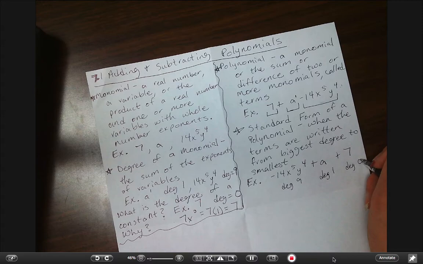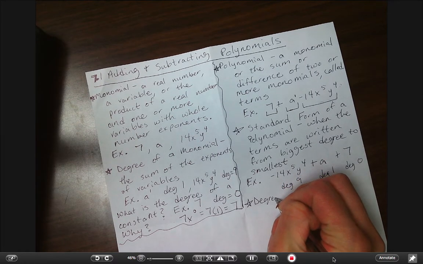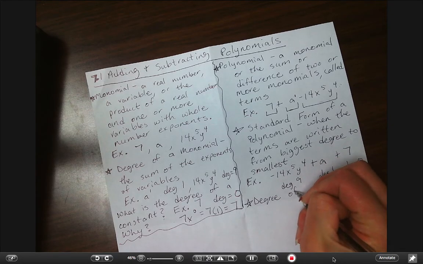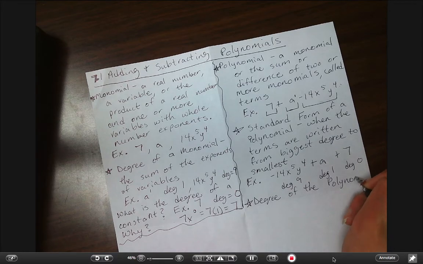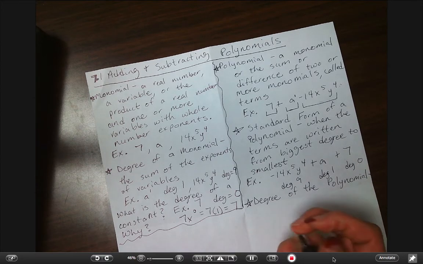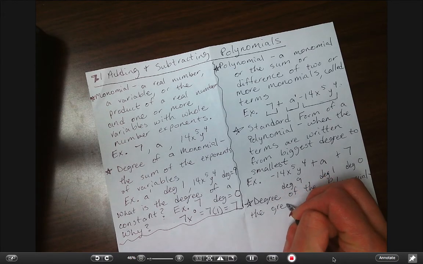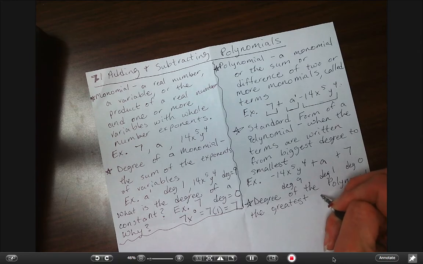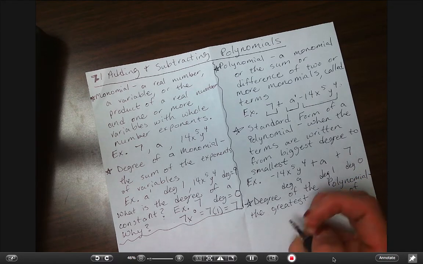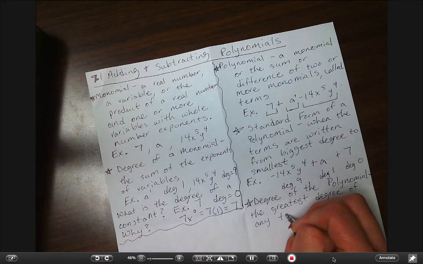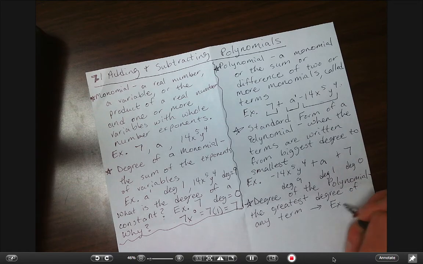So the degree of the polynomial is the greatest degree of any term, which in this case, this example is degree 9.